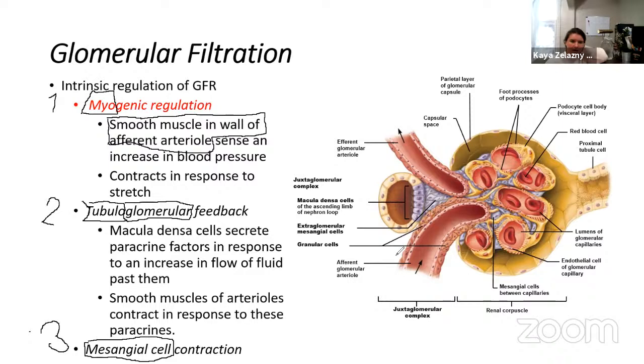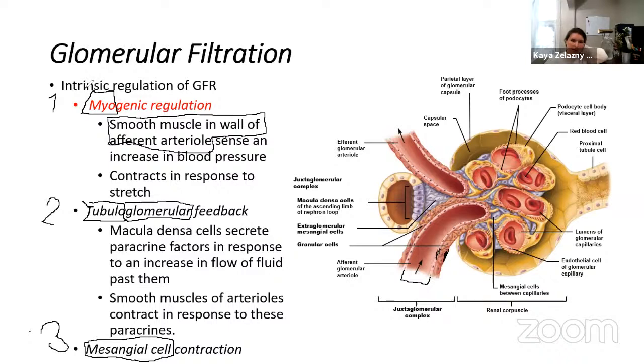Our afferent arteriole, remember we want to find the bigger one, which is here on bottom, right? Bigger in diameter, it tells us that's the afferent arteriole. So you can see it's got its layer of smooth muscle cells, right? Just like other arterioles, right? We really want to be able to regulate resistance in arterioles overall.